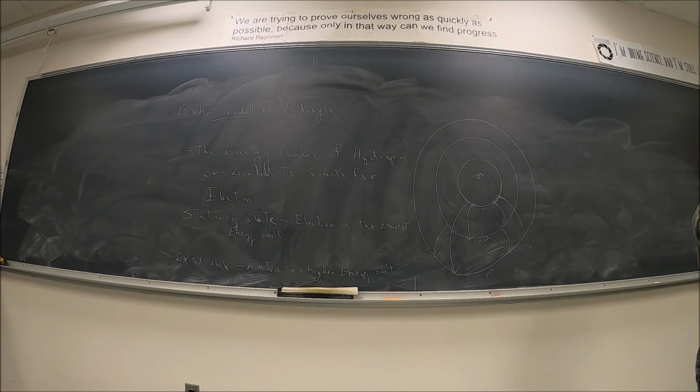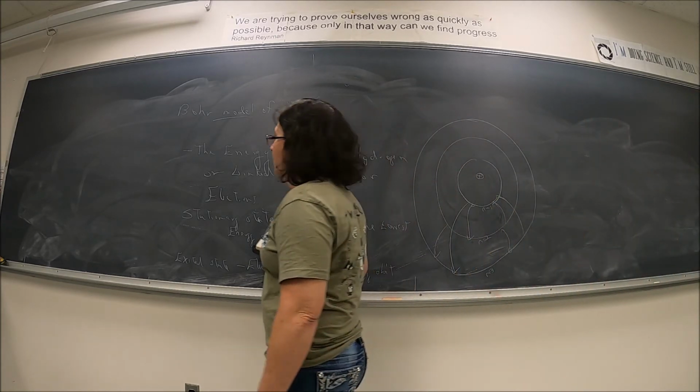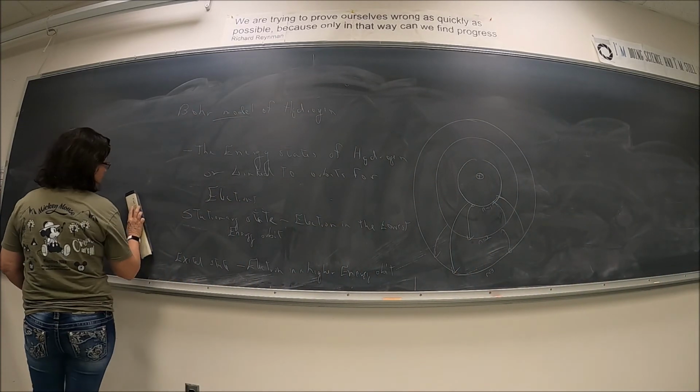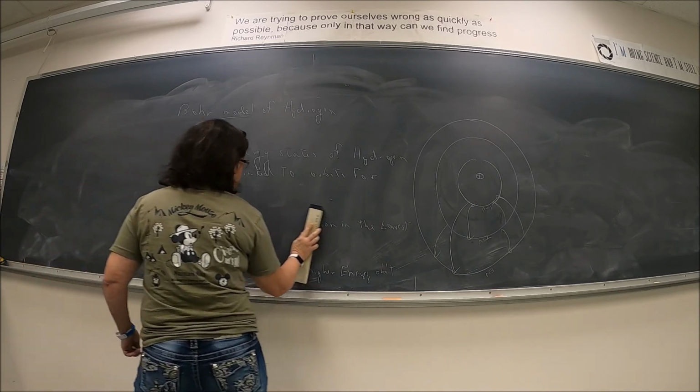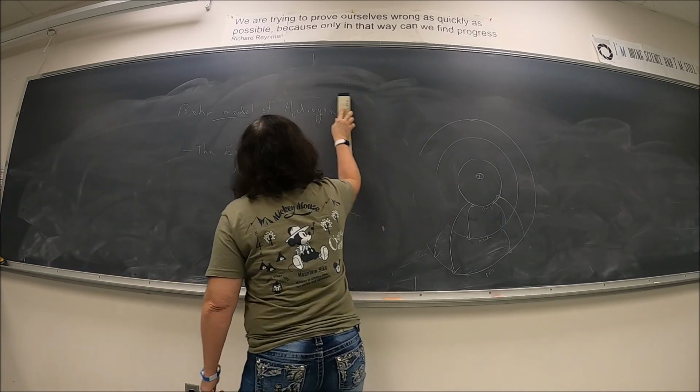And so they came back to Bohr and they said, why, Bohr, would there only be certain allowable radii, certain allowable orbits for your system? What can you show us in nature that has only certain allowable states? Well, Bohr was scratching his head, trying to figure out what would give only certain allowable states.